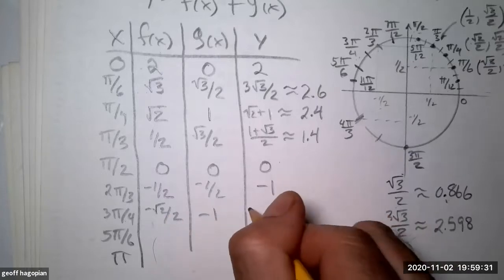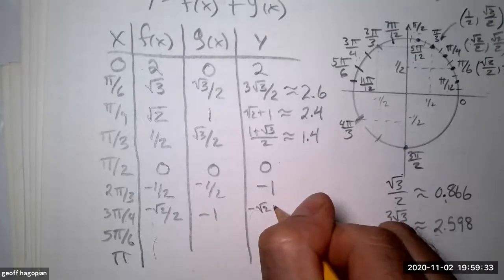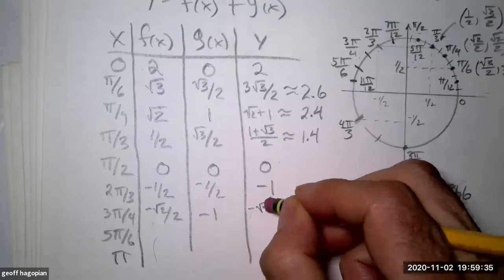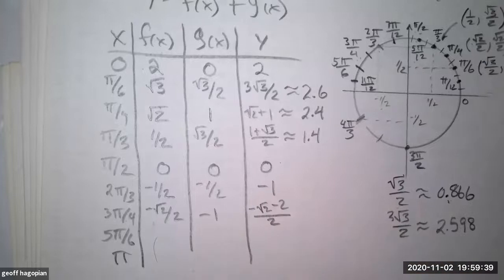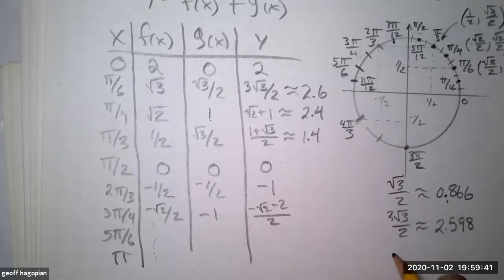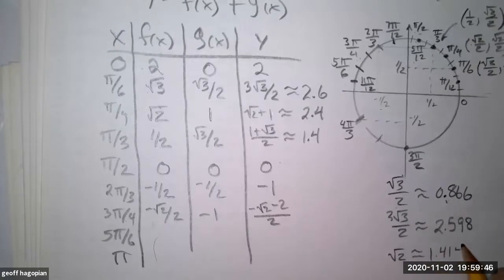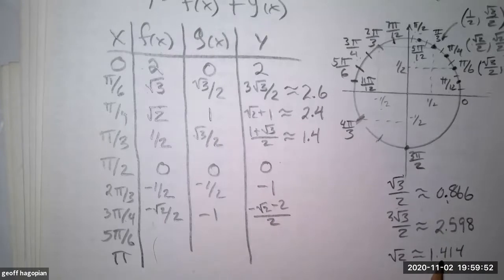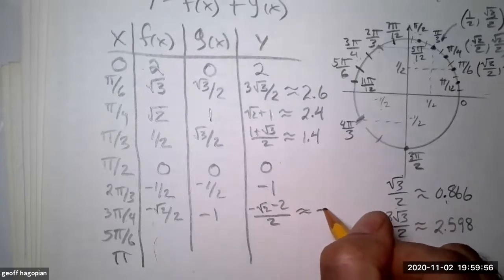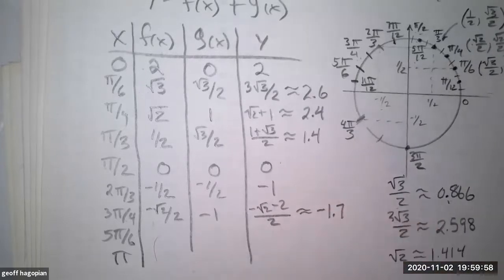Well, I guess you get negative square root of 2 minus 2 over 2, if you like. And square root of 2 is approximately 1.414. Subtract 2 from negative square root of 2, you get negative 3.414. Half of that is negative 1.7. All right. So we went down further.